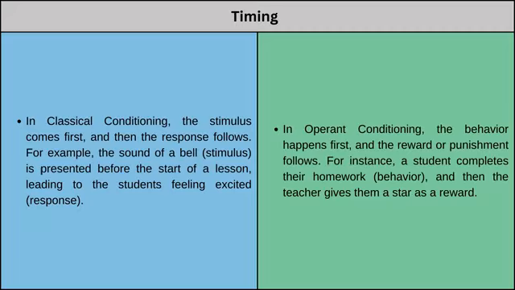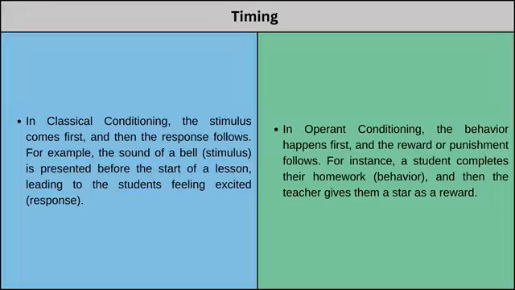On the other hand, in operant conditioning, the behavior comes first, followed by a reward or punishment. For example, a student completes their homework, which is the behavior, and then the teacher gives them a star as a reward. Here, the student takes an action and the consequence follows.